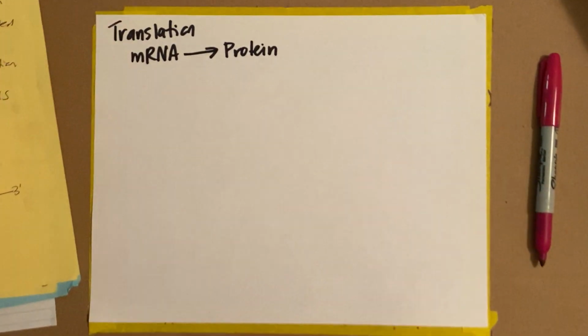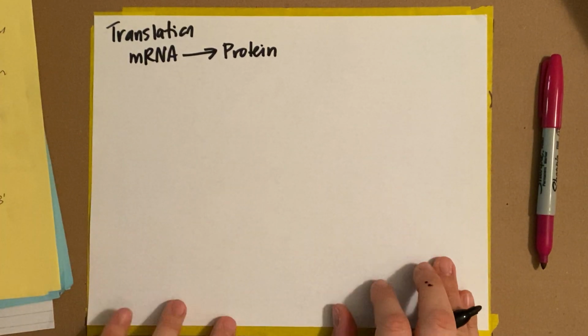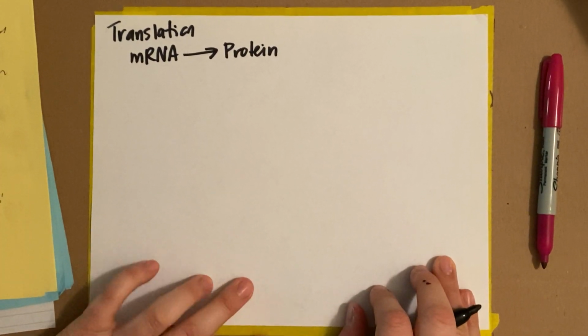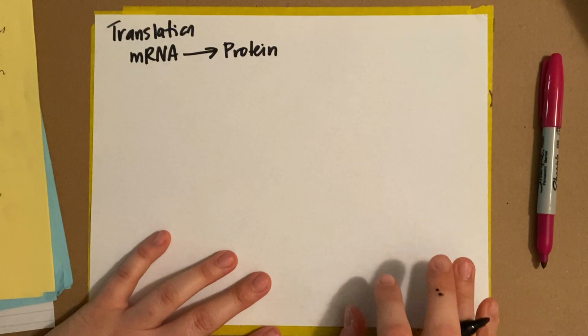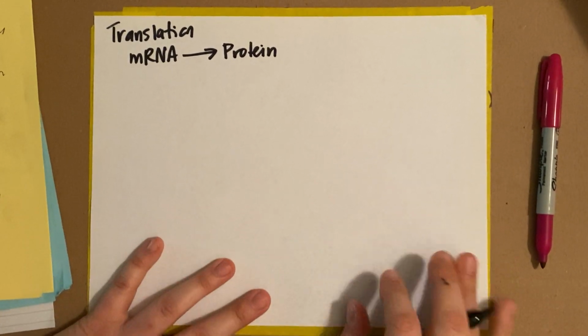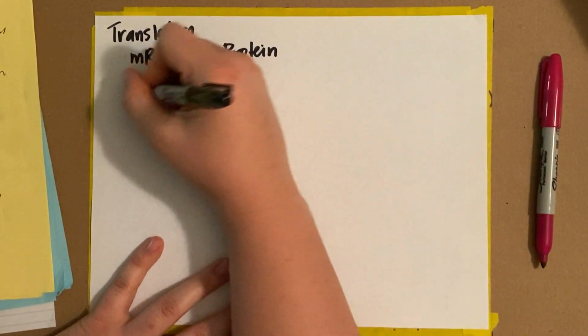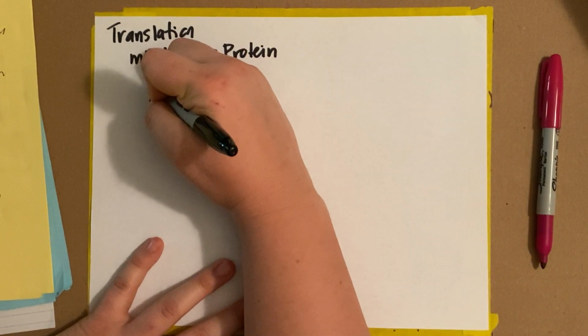Okay, and so how do we actually do this? What I want to talk about now is the actual bases and what those bases mean. I'm going to write out a sequence of DNA, RNA.